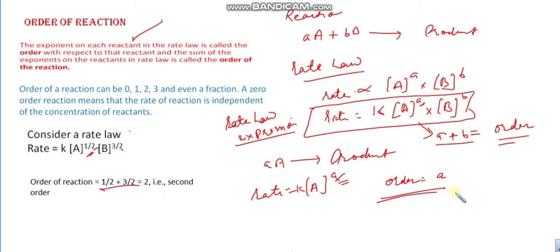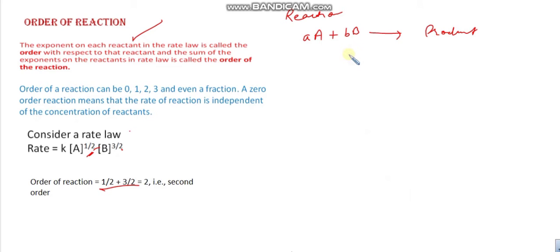A simple way we can write another definition: the order of reaction is the number of molecules of reactants whose concentration is changing. Suppose the concentration of B is not changing and the concentration of A is changing, then the order is a plus 0, that is a.